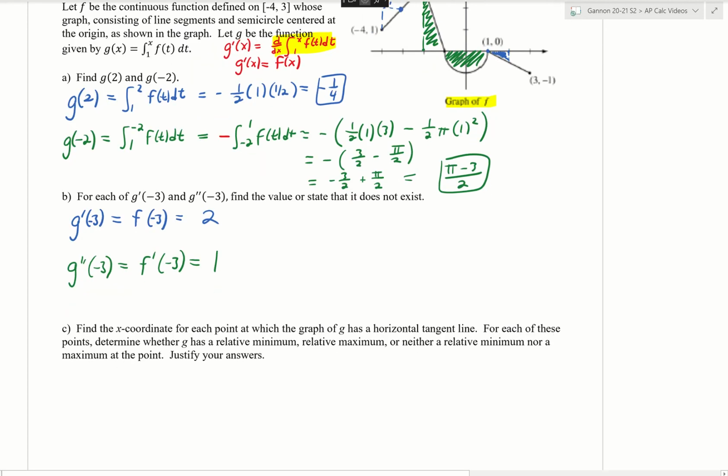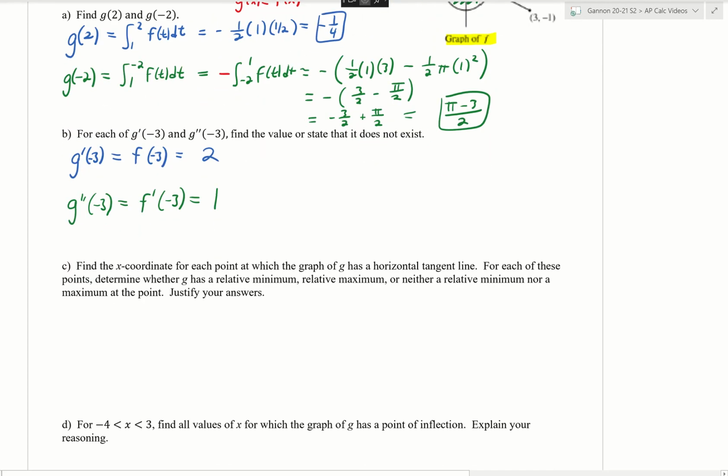Moving to part C, it says find the x-coordinate for each point where the graph of g has a horizontal tangent line. For each of these points, determine whether g has a relative minimum, a relative maximum, or neither a relative minimum or maximum point. Justify your answer.